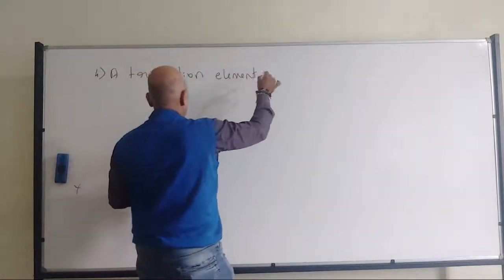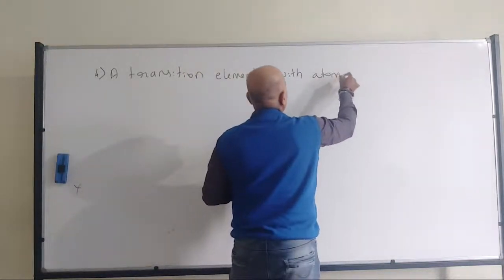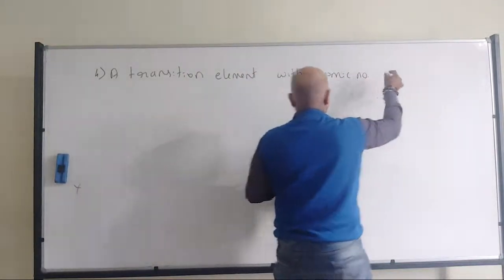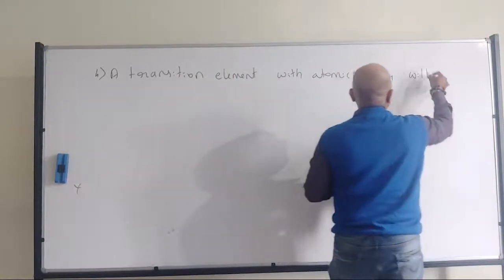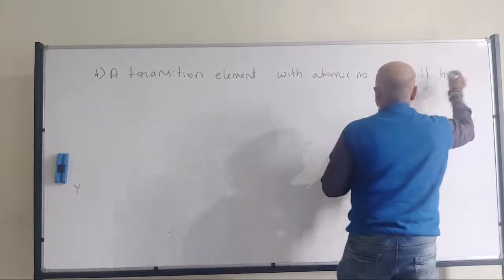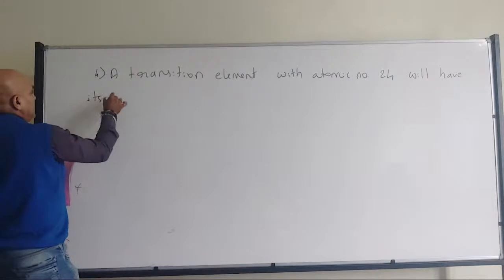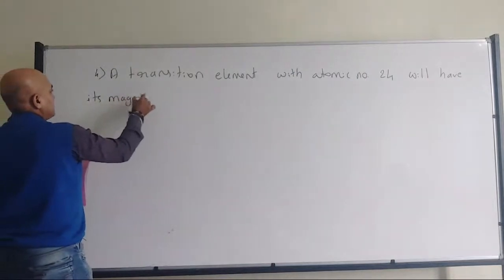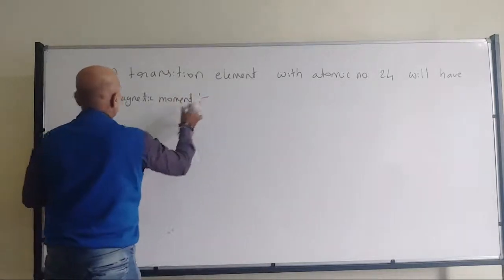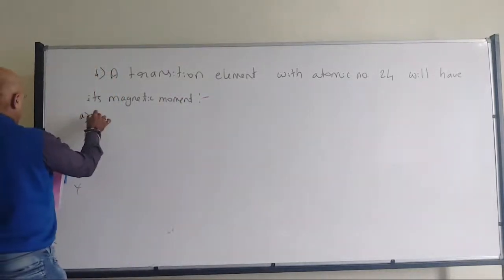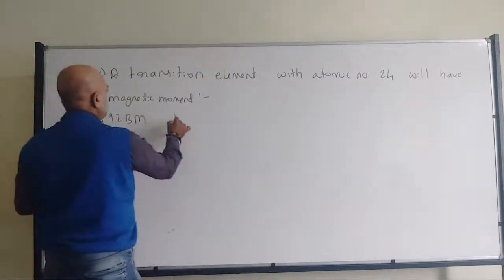A transition element with atomic number 24 will have its magnetic moment. Option A, 5.92 Bohr magneton.